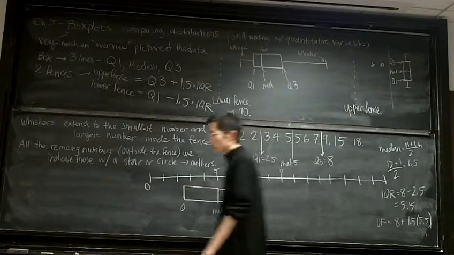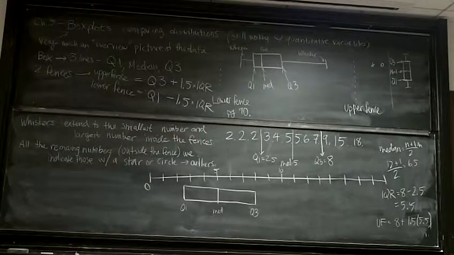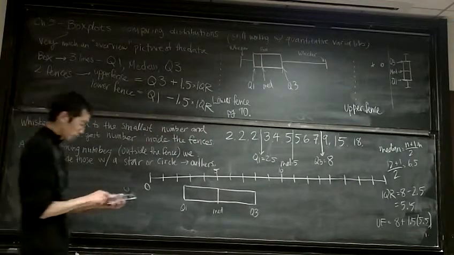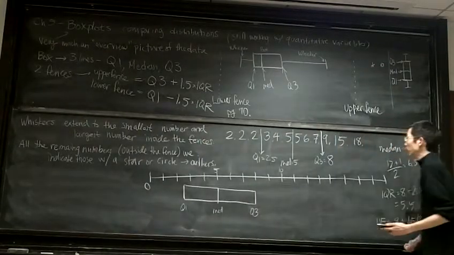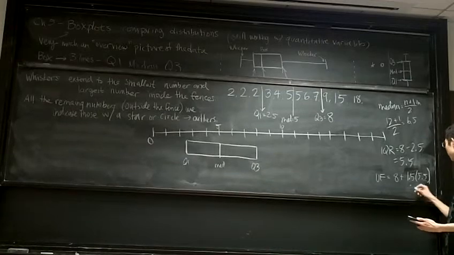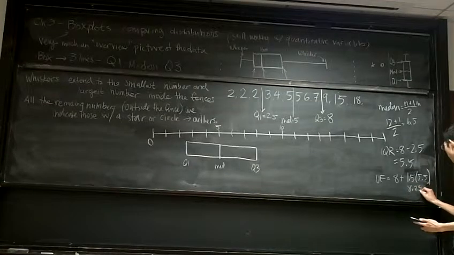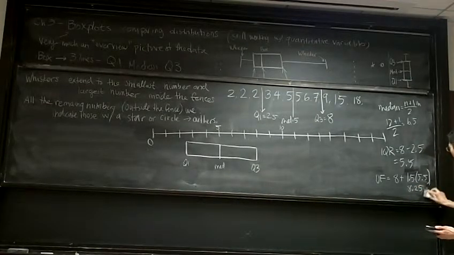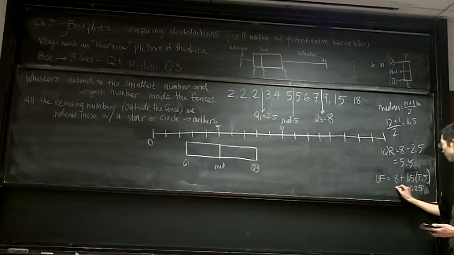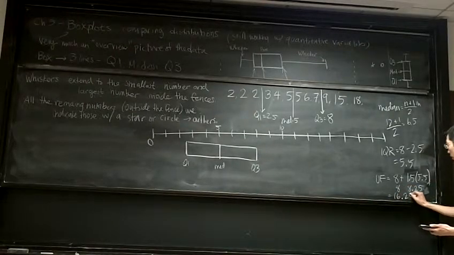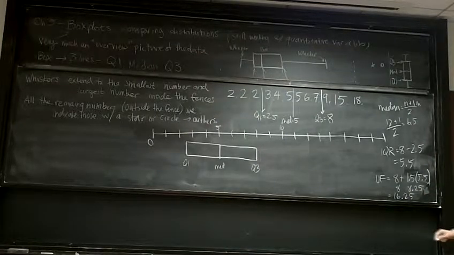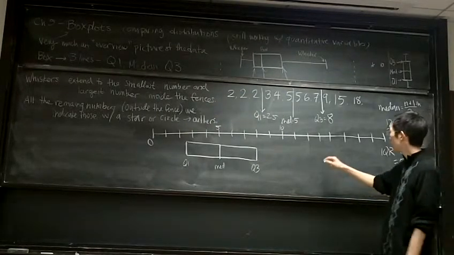Doing order of operations, you have to do the 1.5 times 5.5 first, and I get 8.25. So 8 plus 8.25 gives me what? 16.25. Okay, so I'm going to draw an upper fence at 16.25.